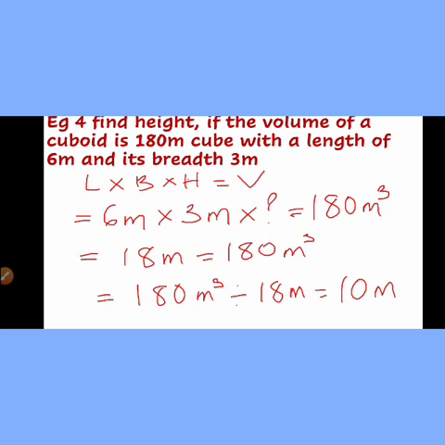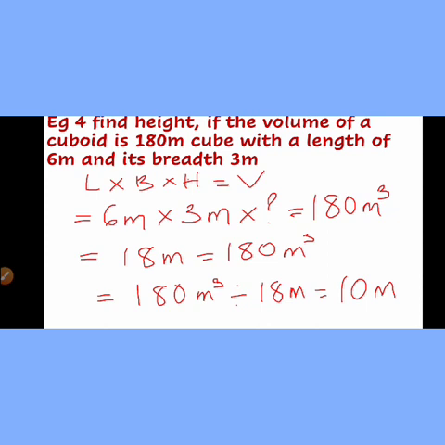Now, to check your answer, the formula says length times breadth times height to find the volume. Now we've gotten our height. Let's see if we're going to get 180 meter cube as the volume of the cuboid. Now, our length is 6, our breadth is 3, and our height is 10.